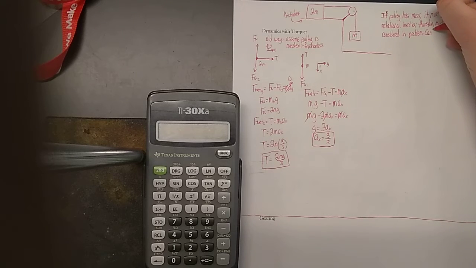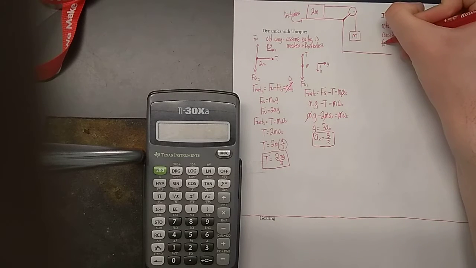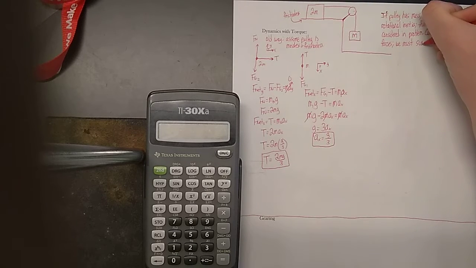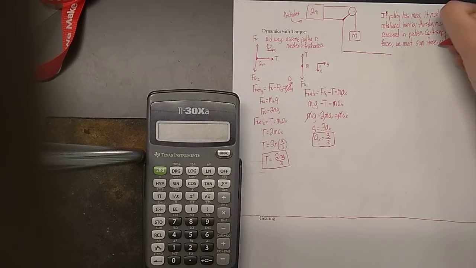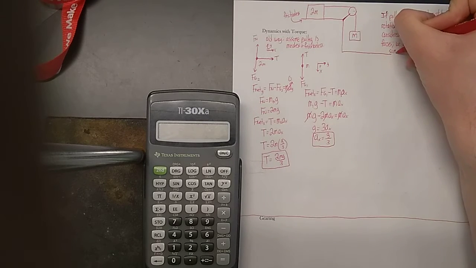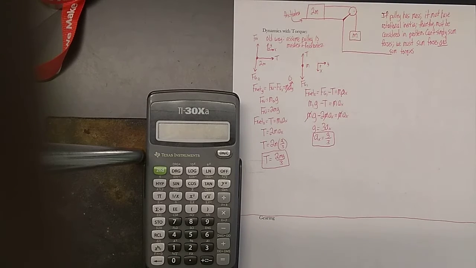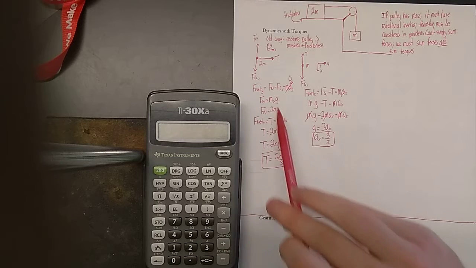We can't simply sum the forces anymore. We must sum the forces and sum the torques. So we're going to need a net force equation, which we already have, the two net force equations.